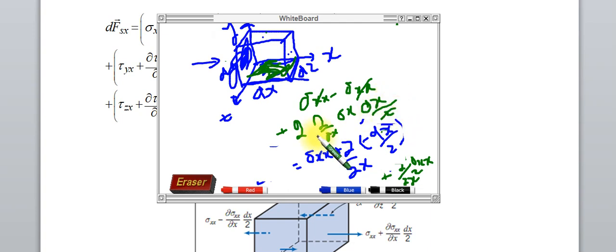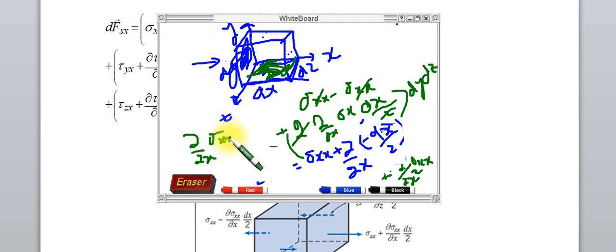So this 2 will be cancelled with this 2, and we will just have partial by partial x of sigma x, multiplied by the penetrating area, or the cross-section area in the dx direction, which means dy dz. So the result will be partial by partial x of sigma x dx dy dz.